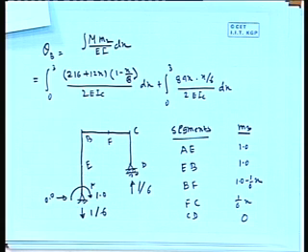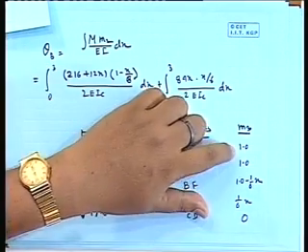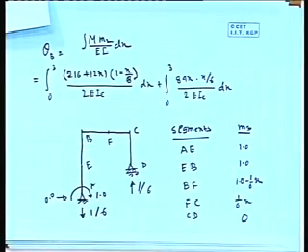EB was 0 earlier, it is now 1; BF is identical, FC is also identical, and this is 0. If you calculate, they will add something, and definitely you are going to get a different value of theta A compared with theta B.